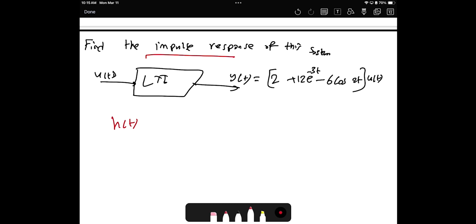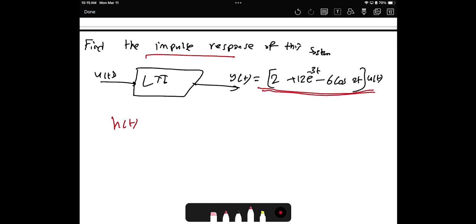What's this response called? Is this impulse response, step response? What do you think this one will be? We have input u or step, the output is y of t, like this expression.